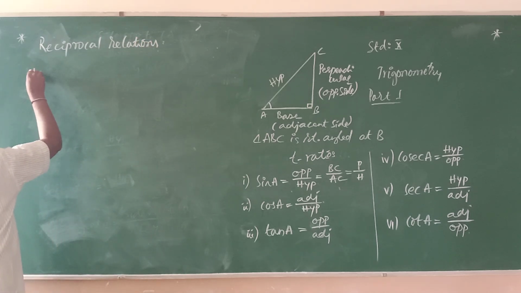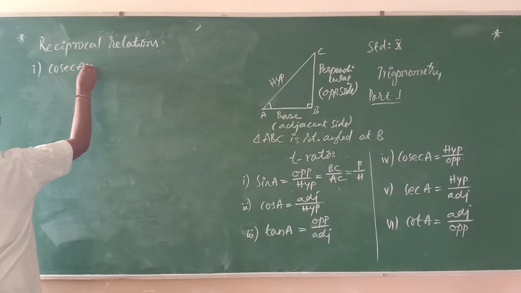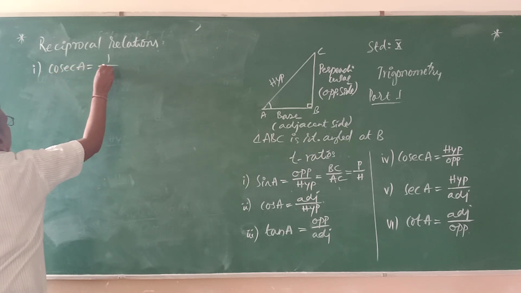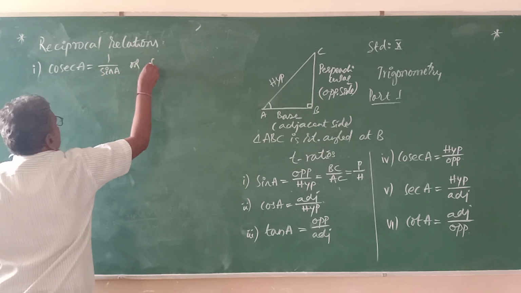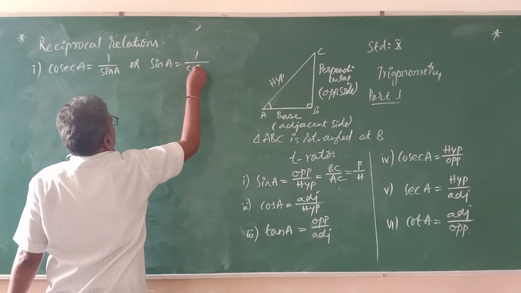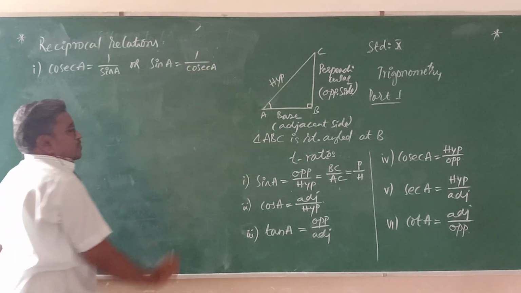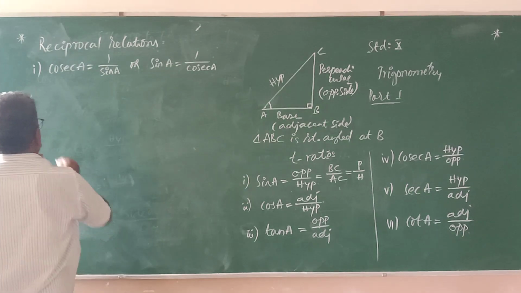That is, cosec of angle A is equal to 1 upon sin A, or also sin A is equal to 1 upon cosec A. These are said to be a reciprocal relation.